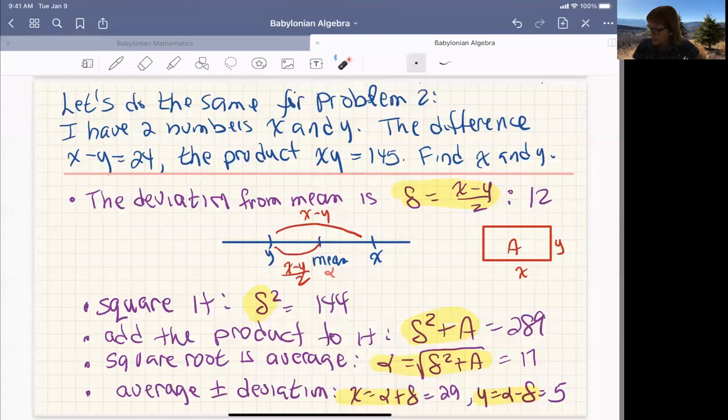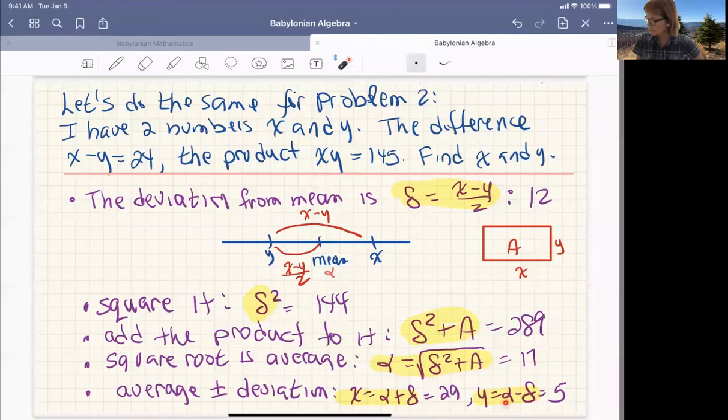Then the next step was to square that number. Then add the product to it. And then the square root of that number is the deviation, so the square root of delta squared plus A. And then the average plus the deviation from the mean is 25.